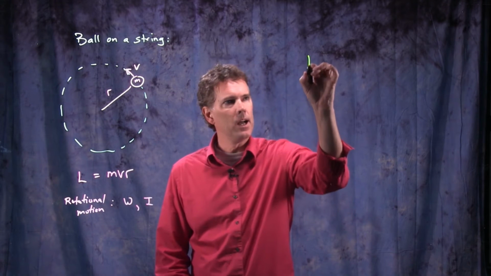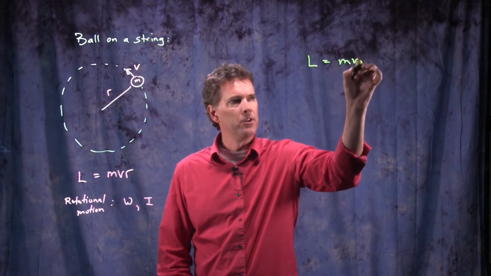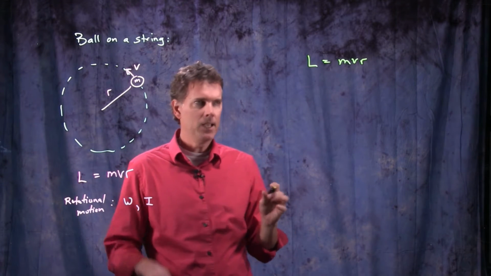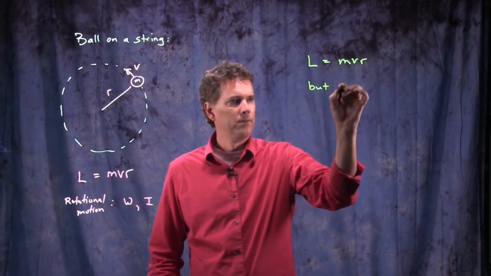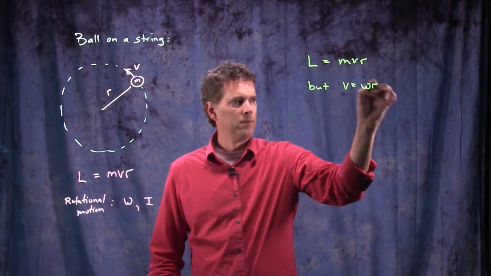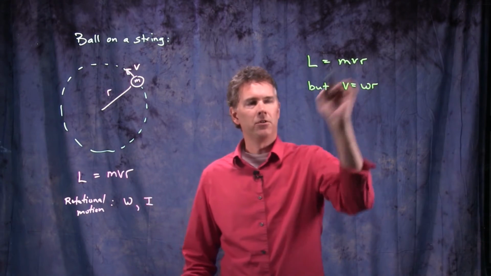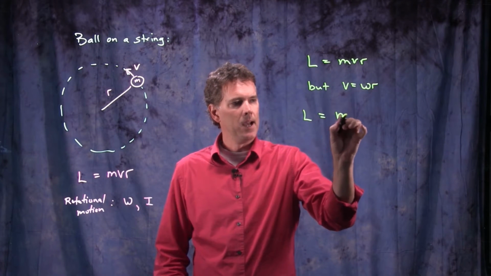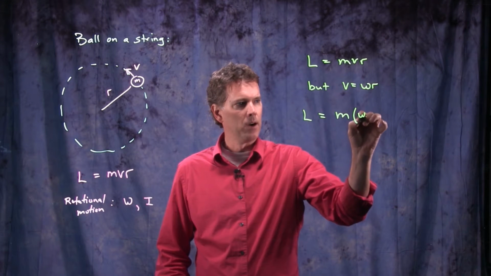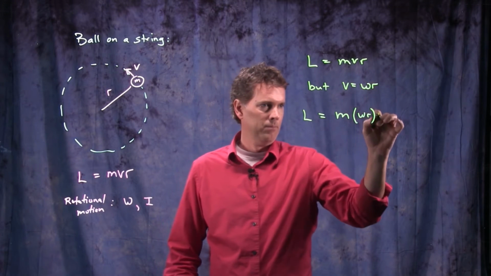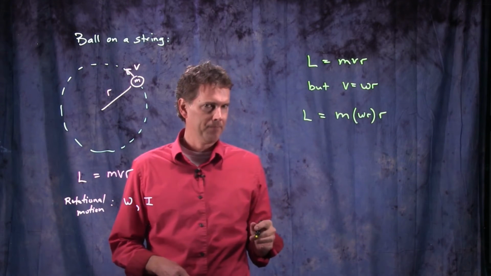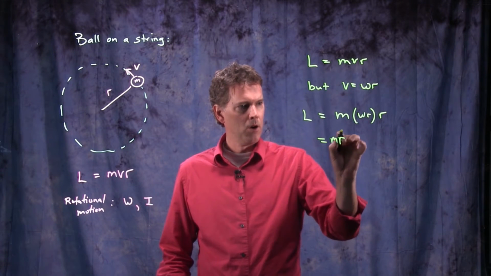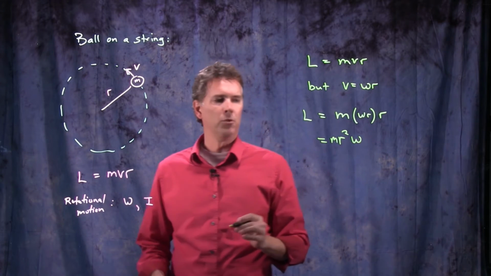Well, if we have L equals mvr, I remember that v equals omega r. And so I can substitute that in to L, and I get m times v, which is now omega r, and I still have one more r hanging out there. Okay, and so we can rewrite this as m r squared times omega.